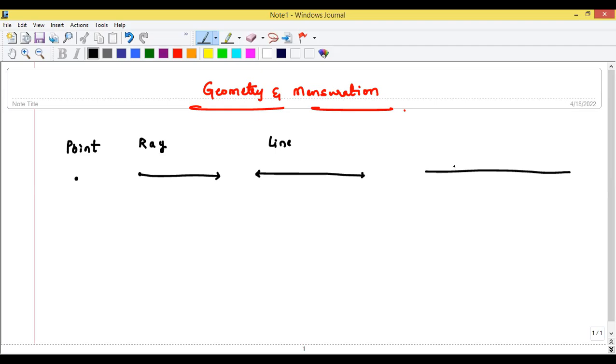This is a line. If you cut it by using 2 points A and B, this is called a line segment because it is a segment of a line, right?